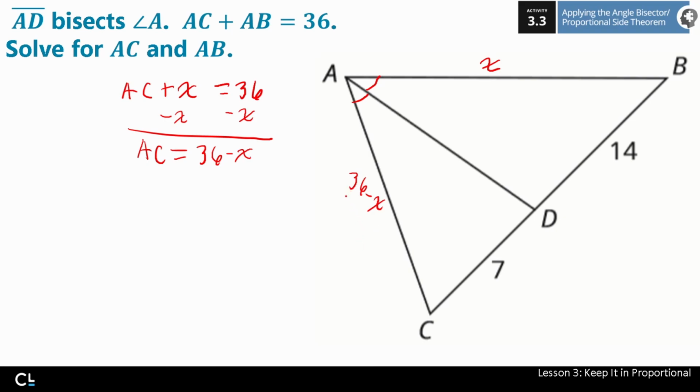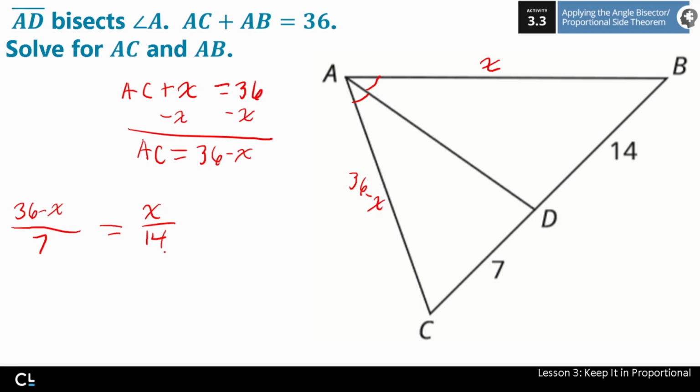So then what we could do is now set up our ratios. So same thing. You set up ratios based off of what's on one side of that line that's cutting this bigger triangle. So we're going to say 36 minus X over 7 equals X over 14.